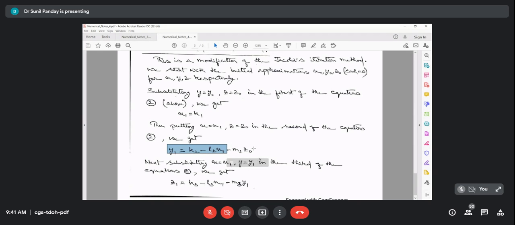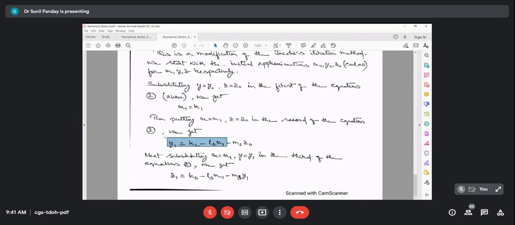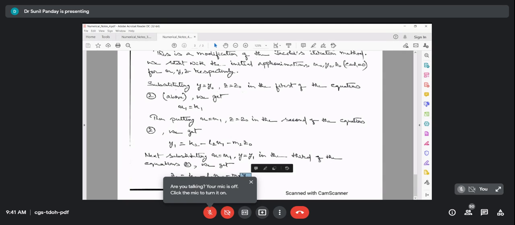Now we have the updated value of y1 in the first iteration and x1 also. So to get z1, I will write like this. Earlier, you remember, when we were calculating z1 we had x naught, y naught, but in the Gauss-Seidel method, we have the immediately updated values of x and y.